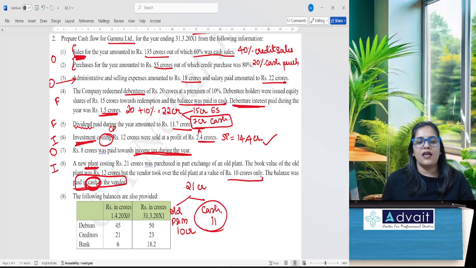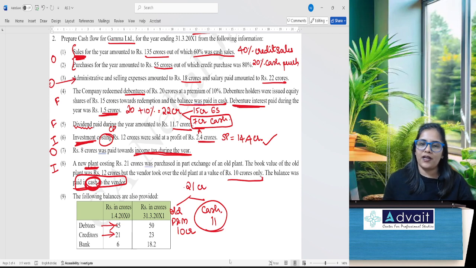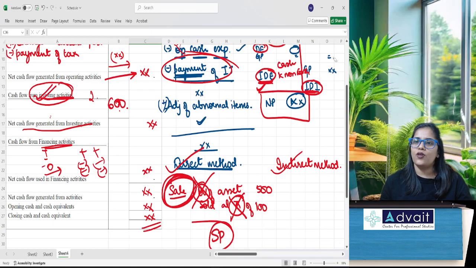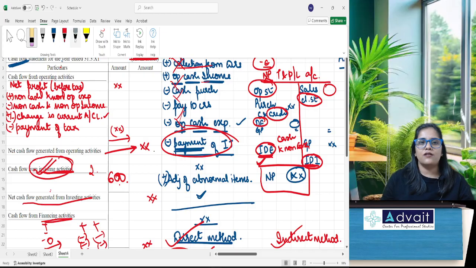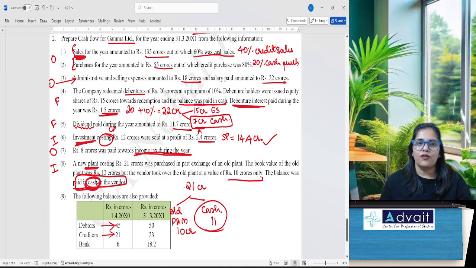Okay. Then they have given debtors opening and closing, creditors opening and closing. Now, guys, very important. Why have they given you debtors and creditors opening and closing? See here, I told you in the operating activities, either you have to do direct method or you have to do indirect method. Correct? Now, in this question, you know what the cash sales are.